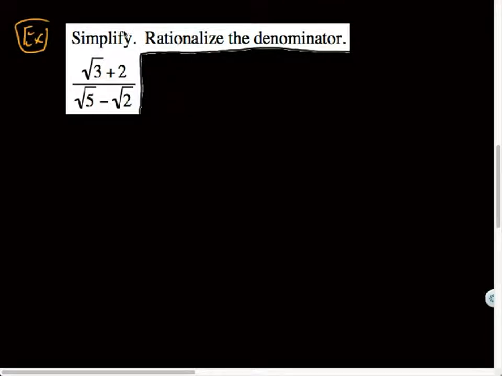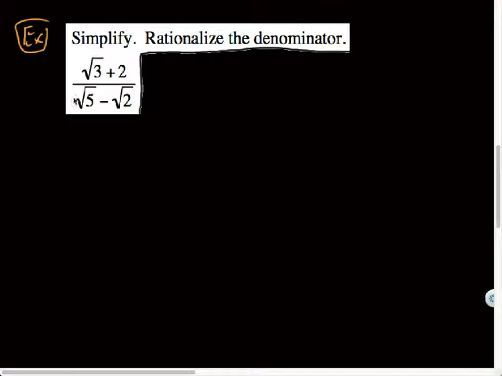So if I said simplify or rationalize the denominator, your goal is the same thing. You've got to get those radicals out of the denominator. So I can't multiply by root 2 over root 2, or root 5 over root 5, or root 5 minus root 2 over root 5 minus root 2. I have to multiply by what?